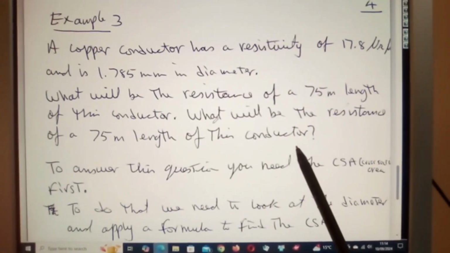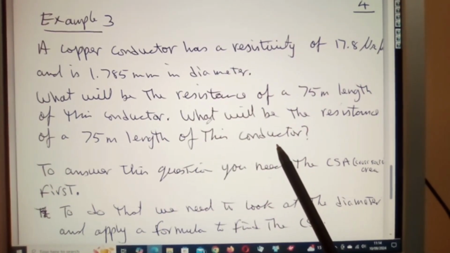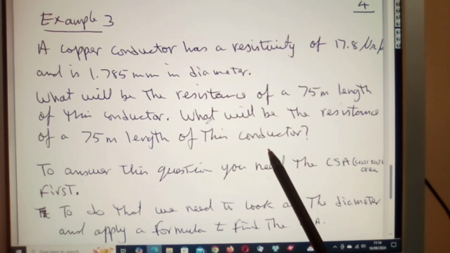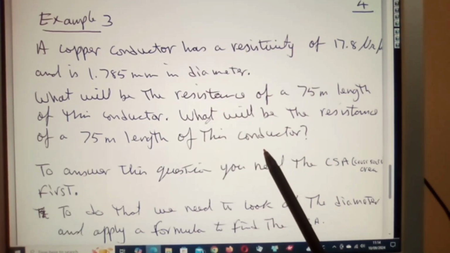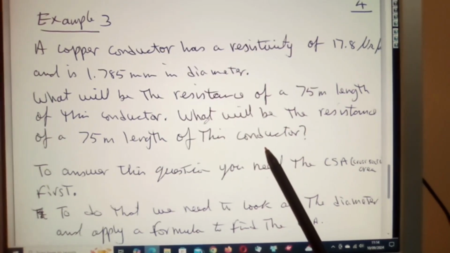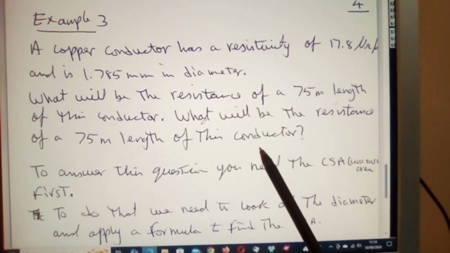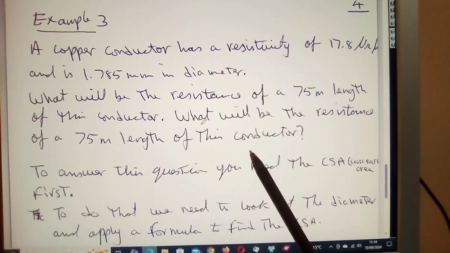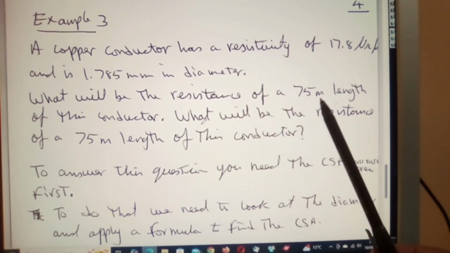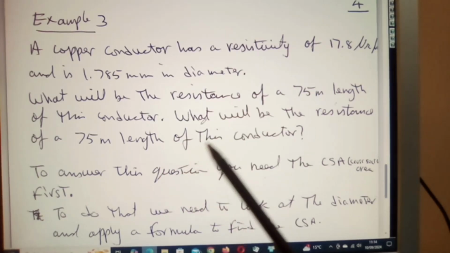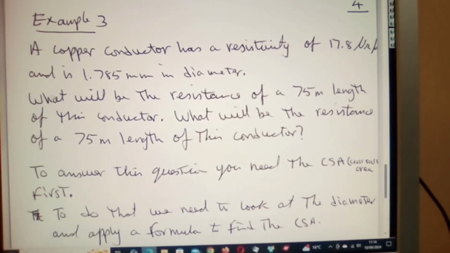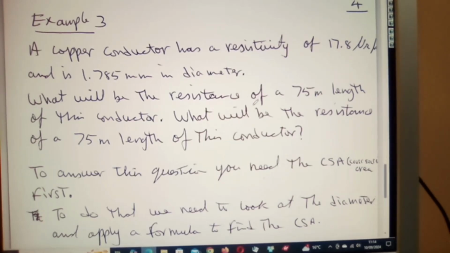Hang on, why have I repeated this twice? Yes, I repeated this twice.